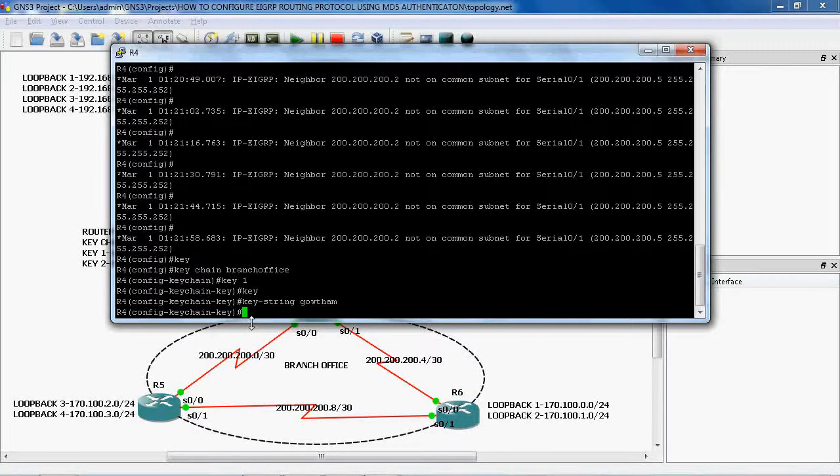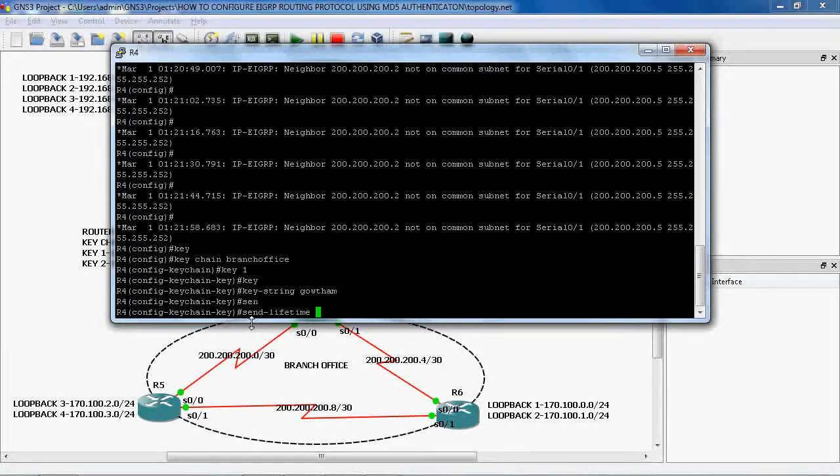So here also you have to mention send lifetime and accept lifetime. So send hyphen lifetime, so it is midnight on Jan 1 2014 to midnight on Jan 1 2015.